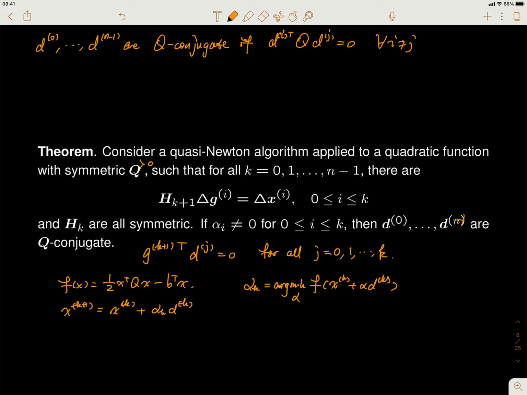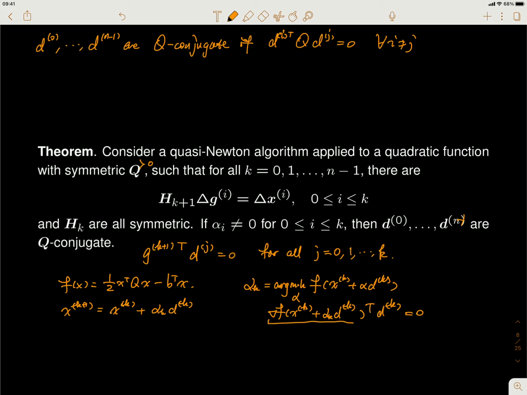To minimize this, we can take the derivative with respect to alpha and set it to 0. We'll get the gradient times dk, which should be equal to 0 if we really reach the minimizer, which means that using alpha k, I'll get the minimizer, so that's why this is true.